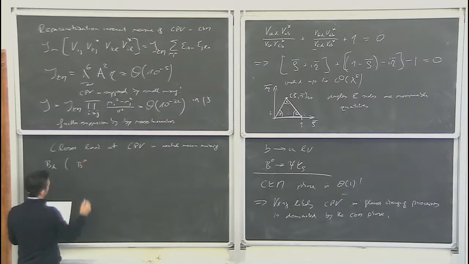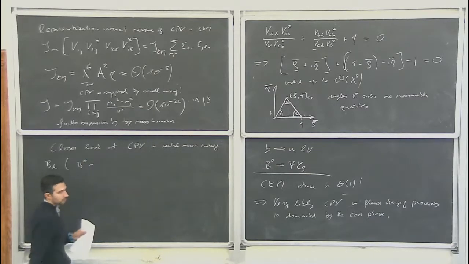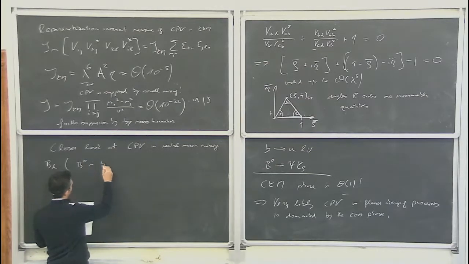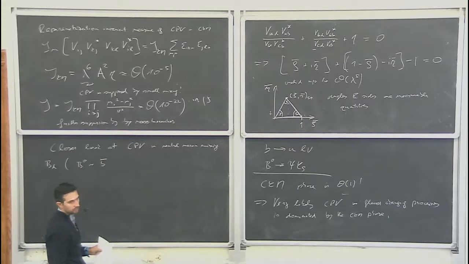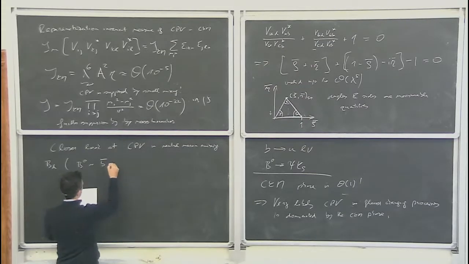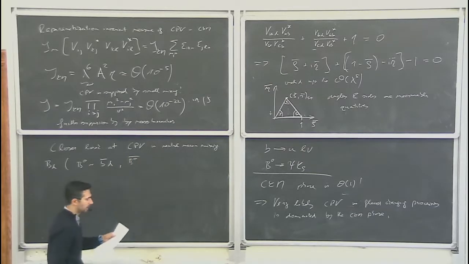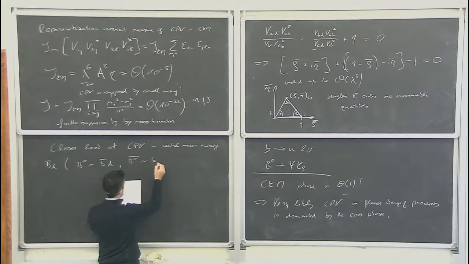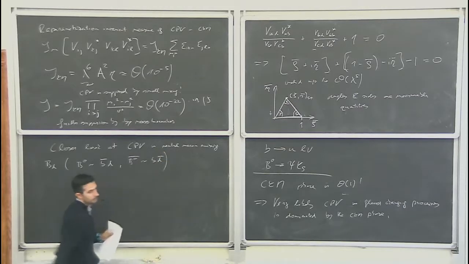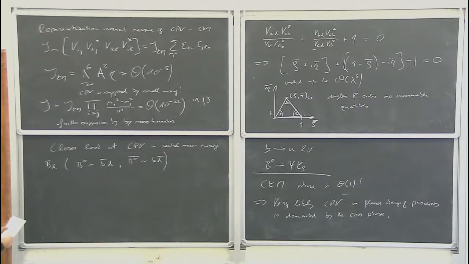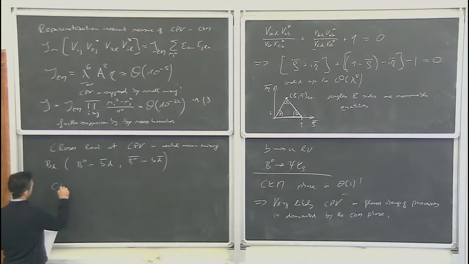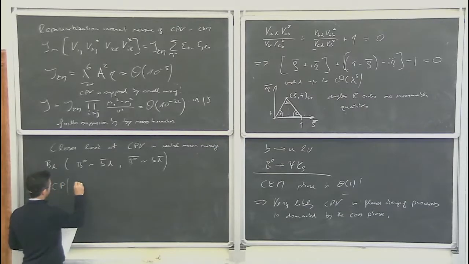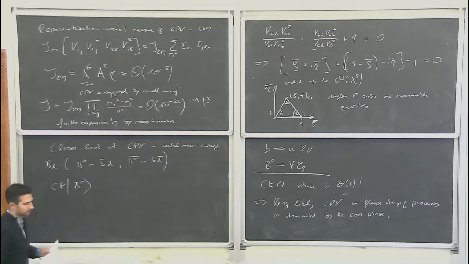In particular, the B0 neutral meson will correspond to a flavor eigenstate, a bound flavor eigenstate of b-bar d. And whenever I denote B0 bar, this will mean the flavor eigenstate with flavor numbers b, d-bar. Now these are, of course, not CP eigenstates. And we can denote the CP transformation properties of B0 and B0 bar.